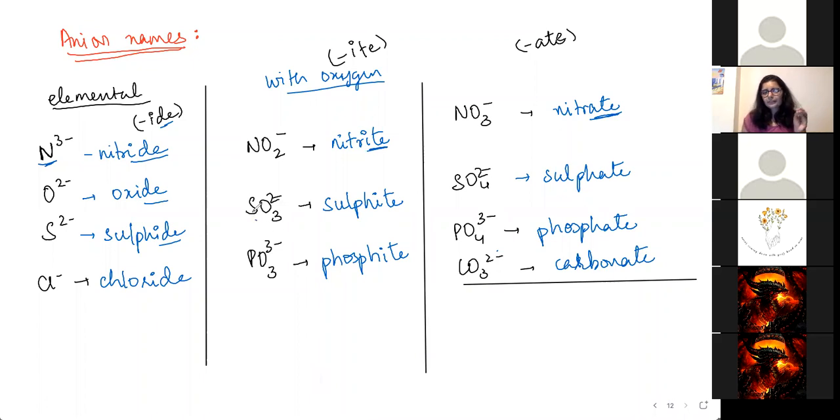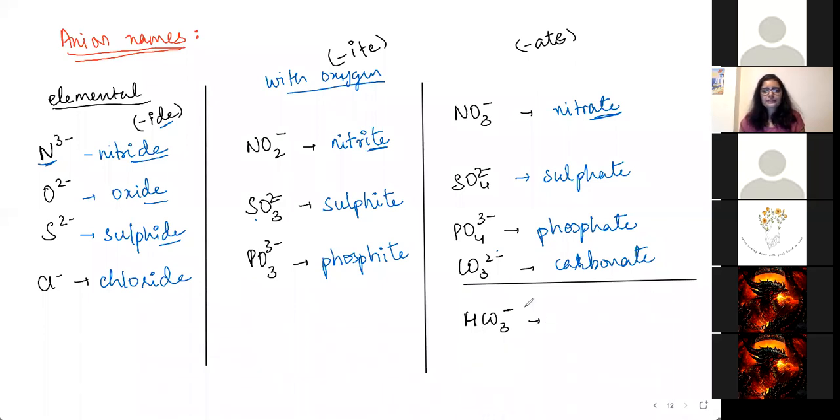Instead of it being purely with oxygen, if you add a hydrogen to it. So for example, if you have HCO3 minus. CO3 2 minus was there. If you add H, whose valency is 1, right? So if I just add one H plus to it, since plus 1 minus 2 is minus 1, the charge becomes minus, and there's an extra H here.